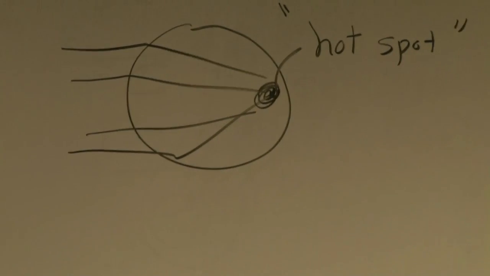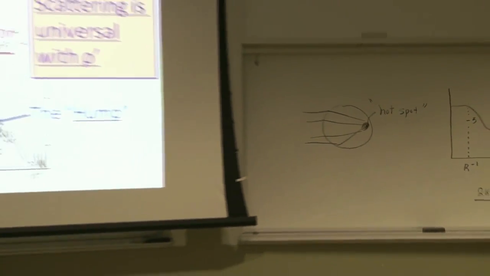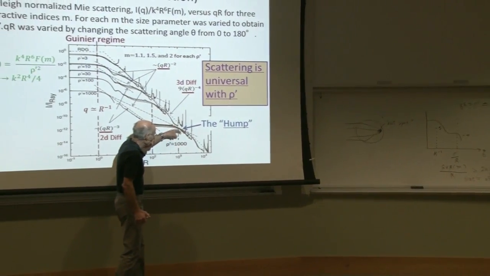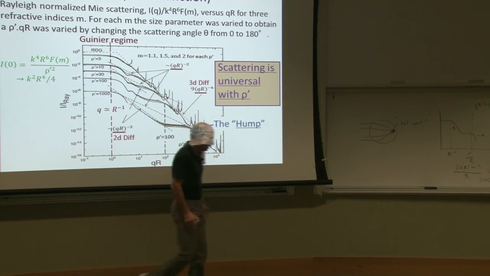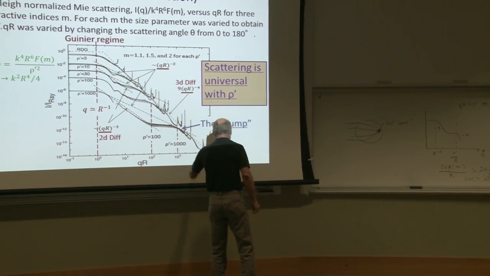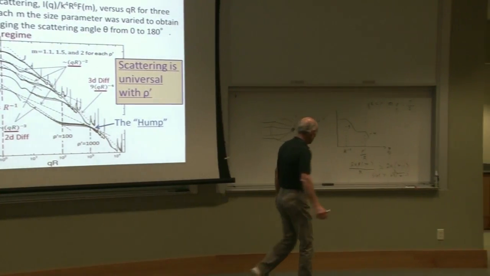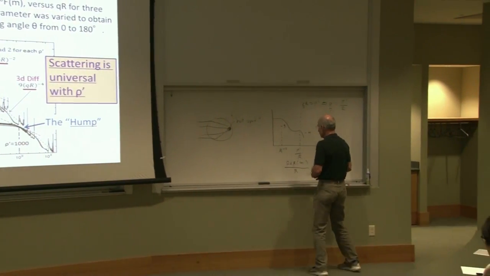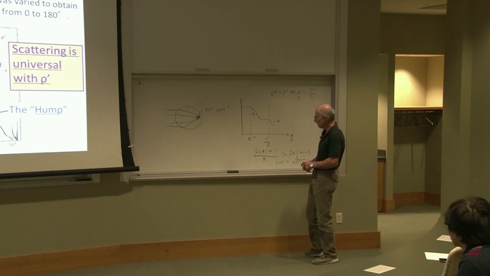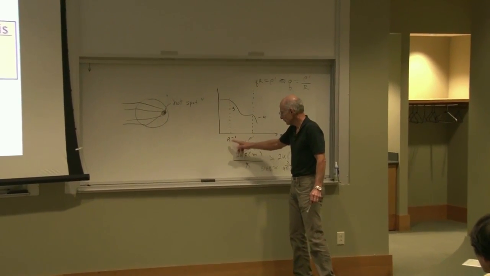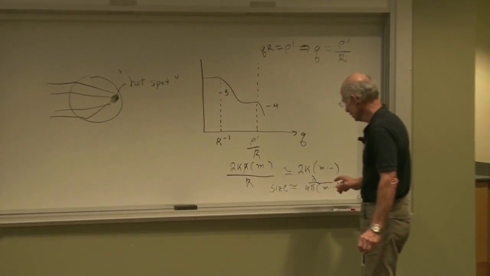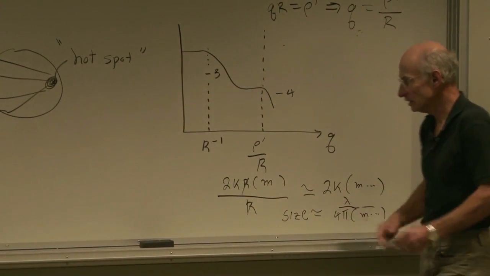Regardless, maybe even if we don't call it a hot spot, the inflection implies a size. And so whatever it is that's causing this, Pi's question points out that if we double the radius of the particle, this will adjust such that whatever that thing is, it's the same size.